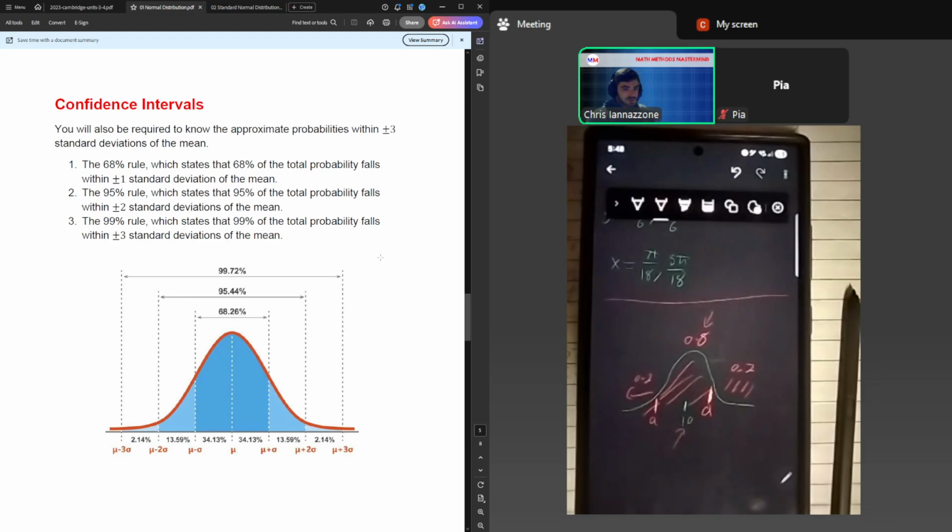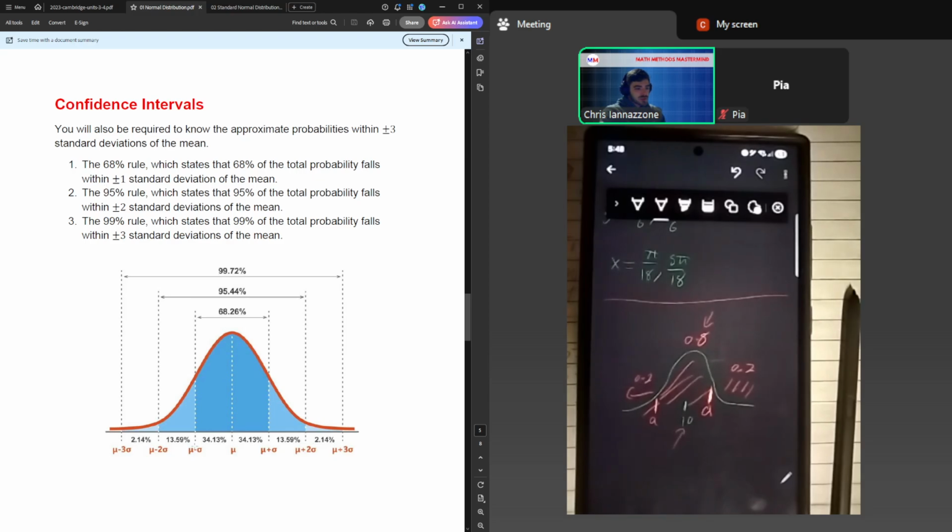This is specifically the topic that uses confidence intervals the most, with the exception of the next topic after this, which isn't too far removed from what we're doing. It's the 68, 95, and 99% rules, which basically tell you where the bulk of the probability of a distribution is located.